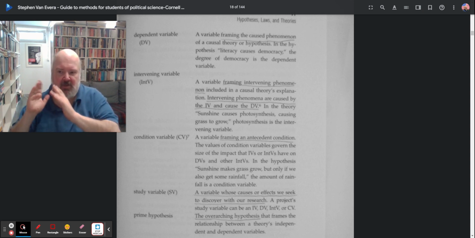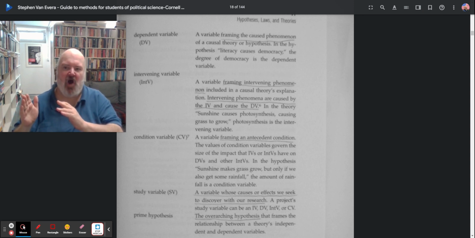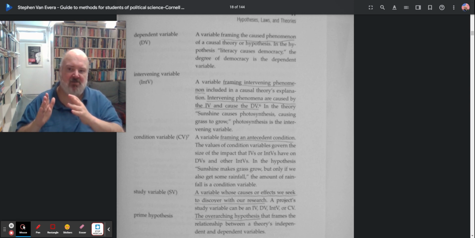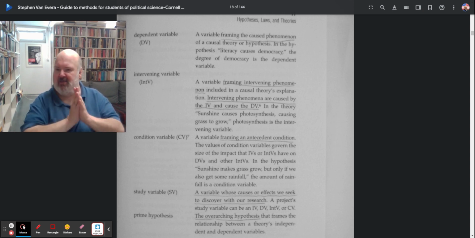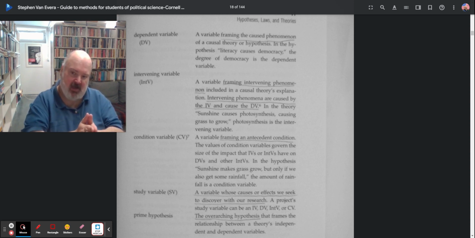Dependent variables are only caused. Dependent variables are always caused; they don't cause something else. An independent variable is only causing. So a variable can play different roles in different contexts. In some contexts it can be independent, only causing.